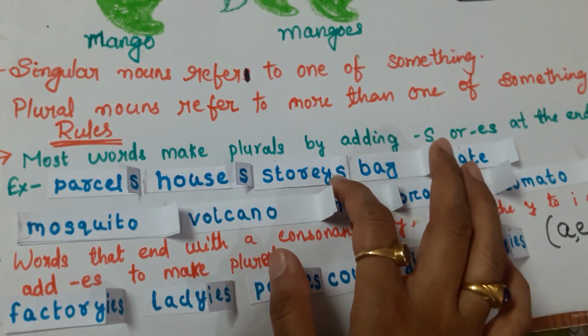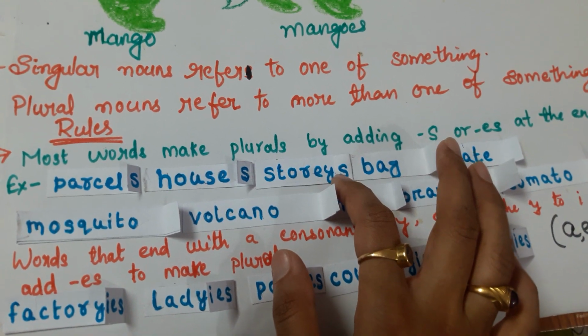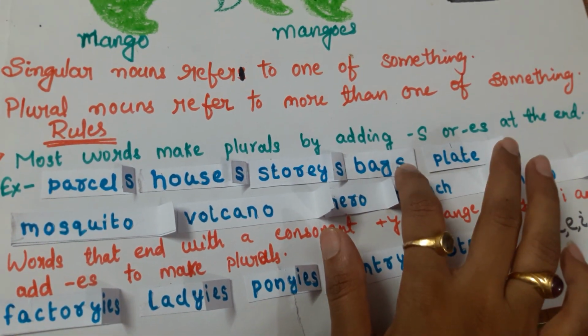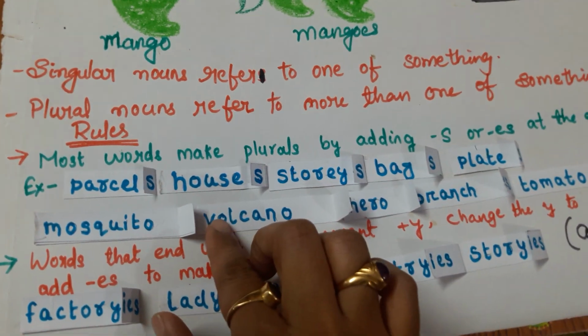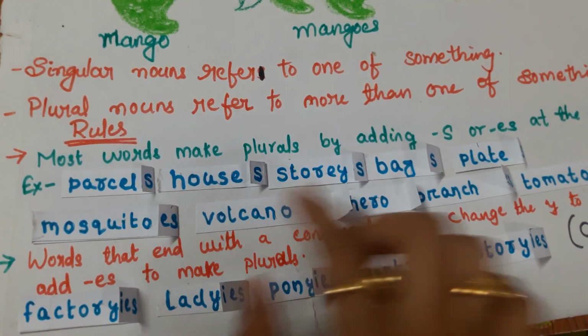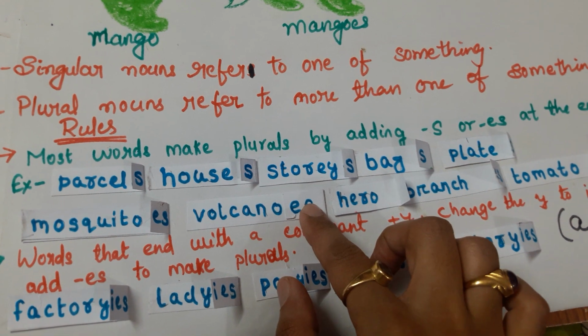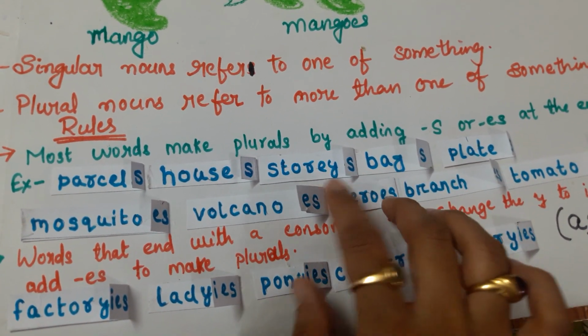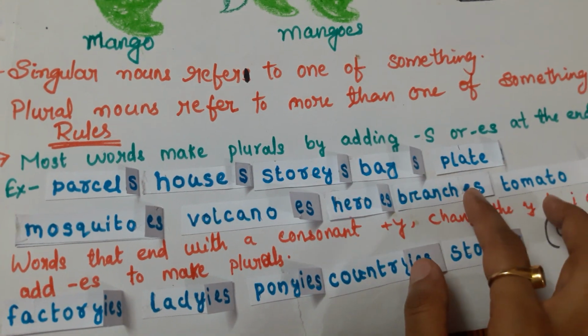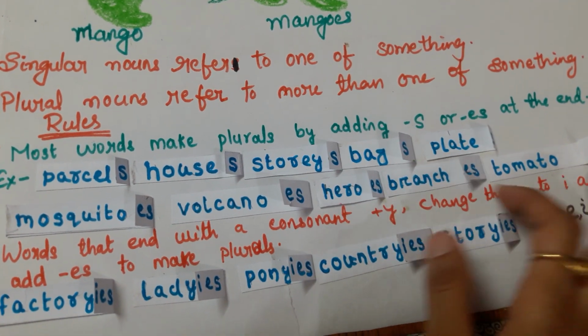There is a building with many stories. Then bag, bags. Plate, plates. Mosquito, mosquitoes. Volcano, volcanoes. Hero, heroes, we add es to it. Branch, branches, es to it.